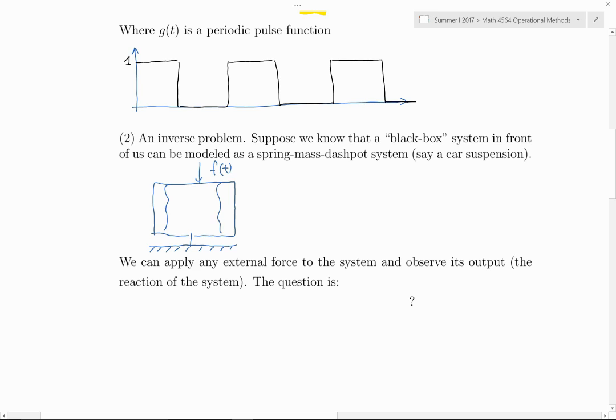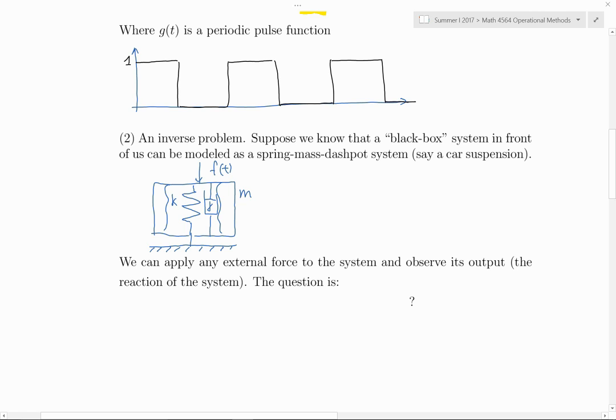So let's assume that inside is just a simple spring, a dashpot for damping, which is just a cylinder with a piston. So the spring has a constant k, the dashpot has a constant gamma, the damping coefficient, and the whole thing has a mass m.